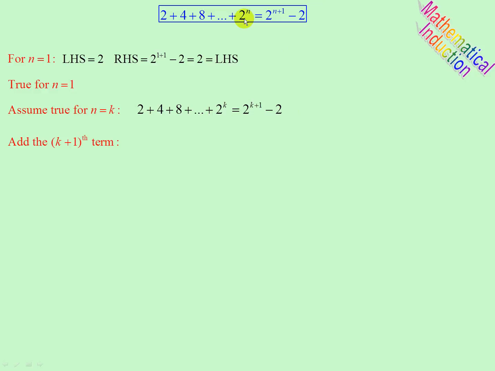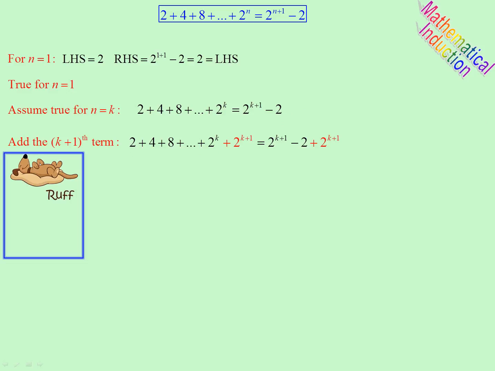The k plus 1th term will be 2 to the k plus 1. There we are, 2 to the k plus 1. Notice, that is still there. We've added a new term in there and added the same onto that side. Now we need help from rough work. What do we need to end up with?